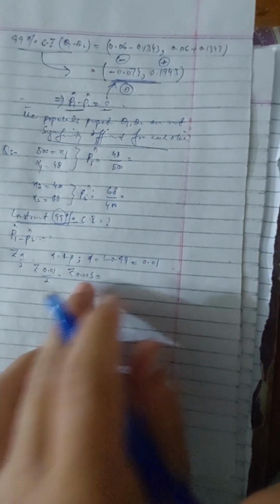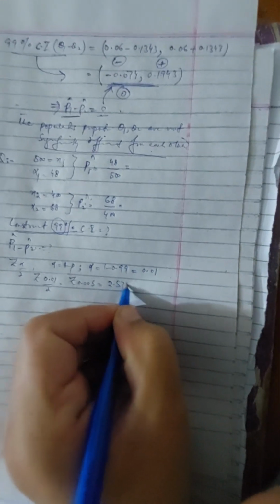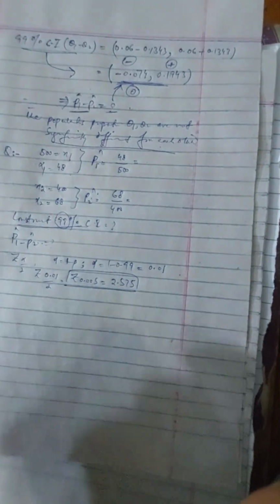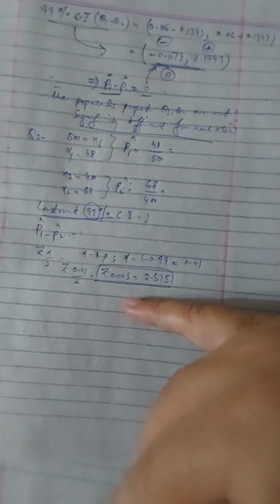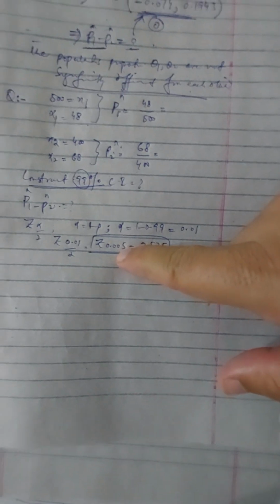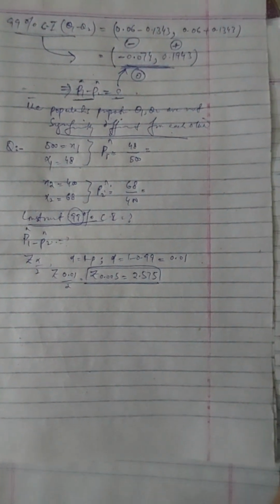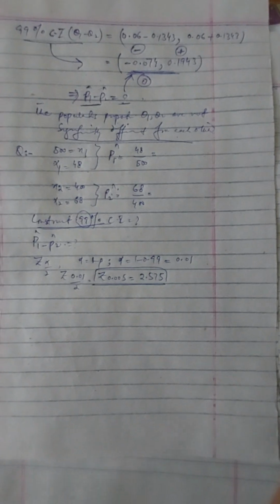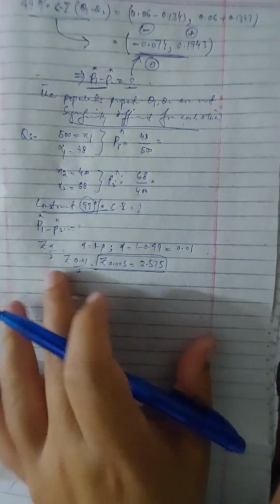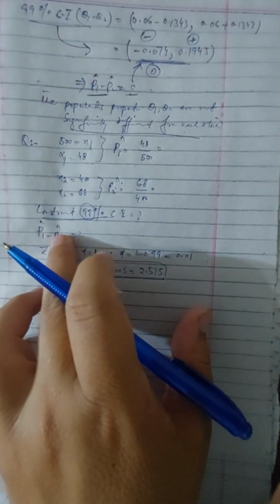It is a very famous value, and I have memorized certain values, but you can also memorize them because they are very repetitive: z of 0.005, z of 0.01 or z of 0.05. These are very repetitive in statistics, so once you start practicing you will know them.